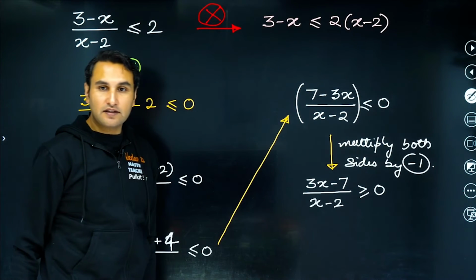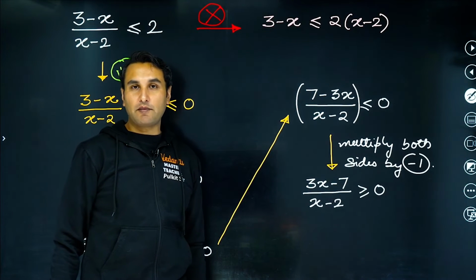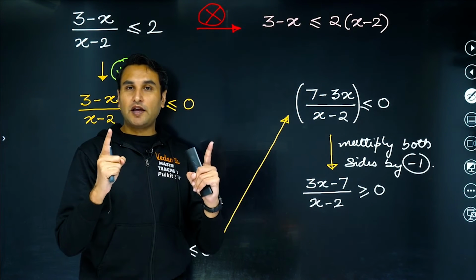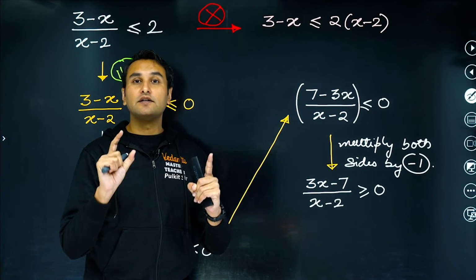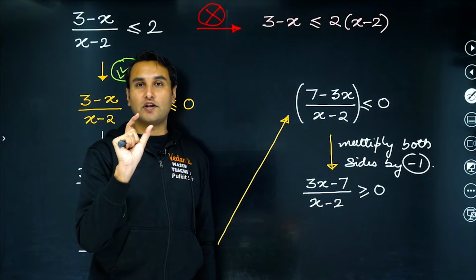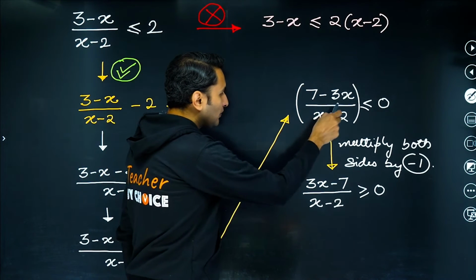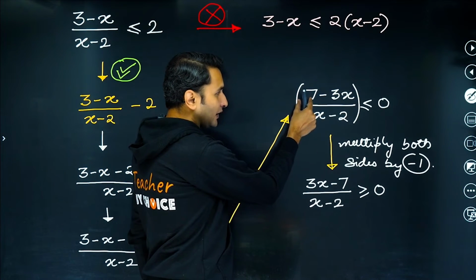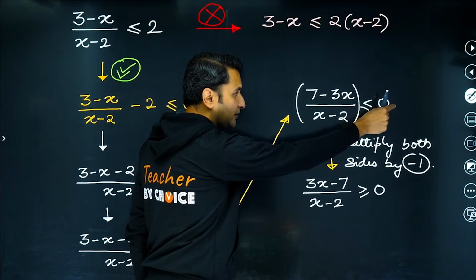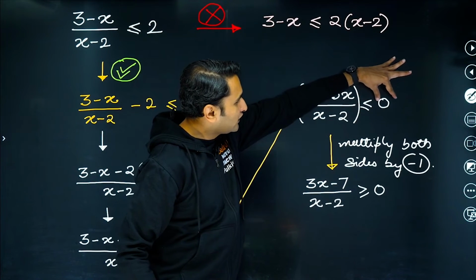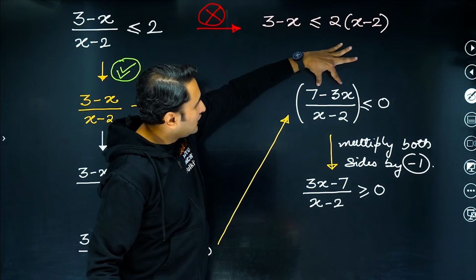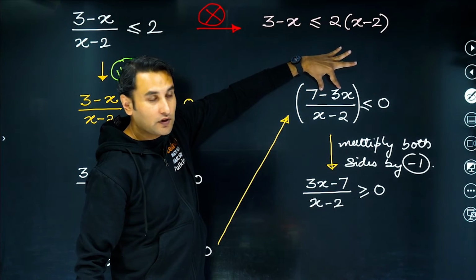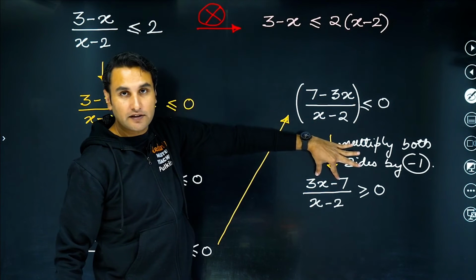Remember my previous class, when you multiply both sides of inequality by minus sign, what happens? Inequality changes. So when you multiply this side by minus 1 and this side by minus 1, minus 1 into 0, 0. Minus 1, let this factor consume minus 1. It will become 3x minus 7.